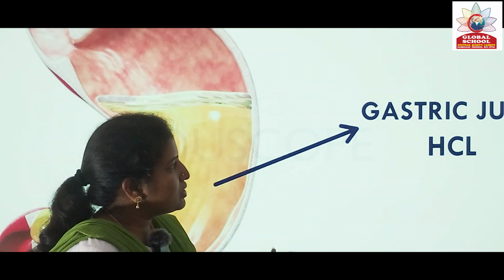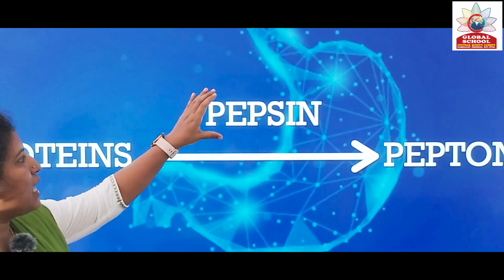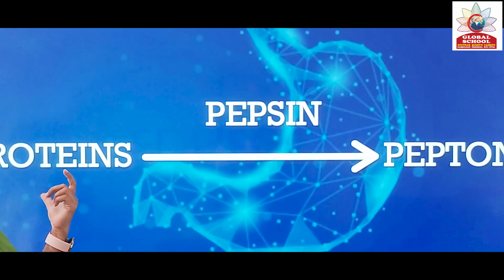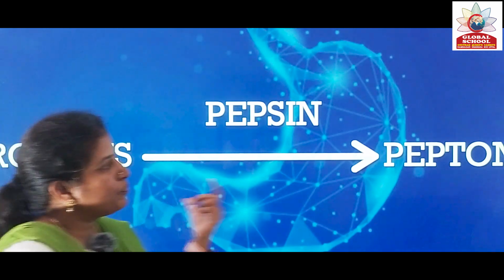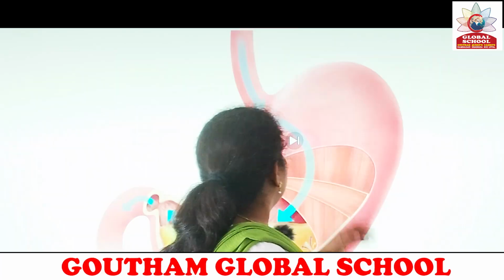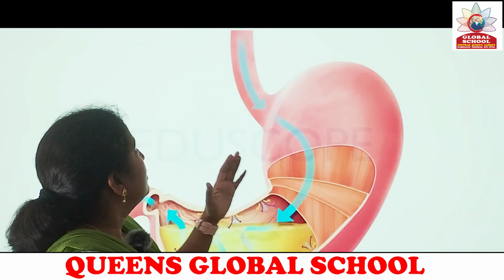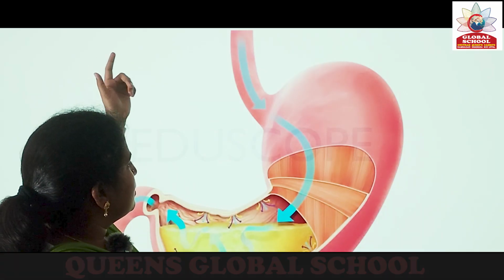Gastric juice and HCl make the medium acidic, which is required for the action of pepsin, which converts proteins into peptones. So peptones are formed here from the proteins. Pepsin is the enzyme which helps the proteins break down.